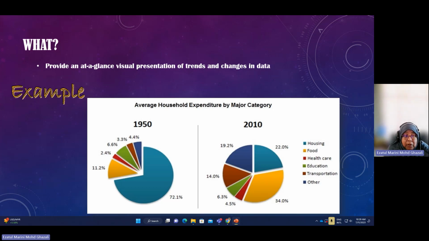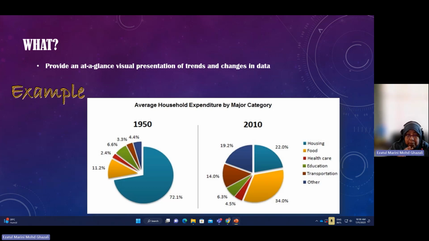For example, look at the two pie charts provided to you. One is data recorded in 1950, and the other is data recorded in 2010. If we look at the title, we know that both talk about the average household expenditure by major category.